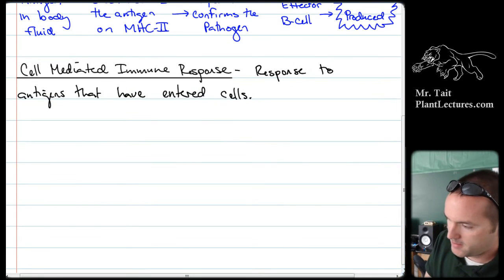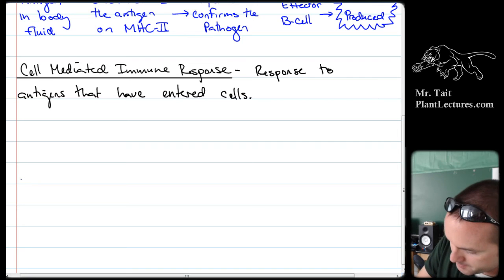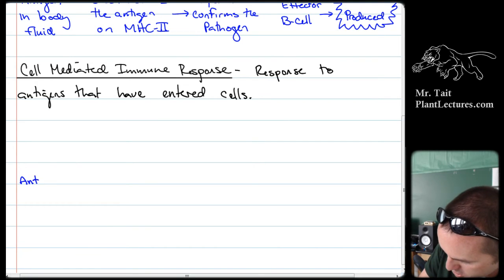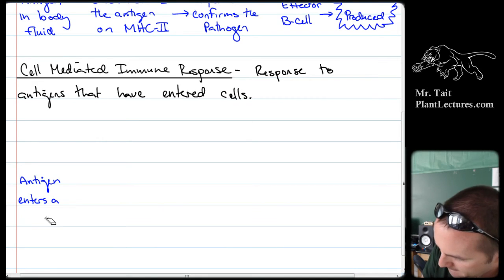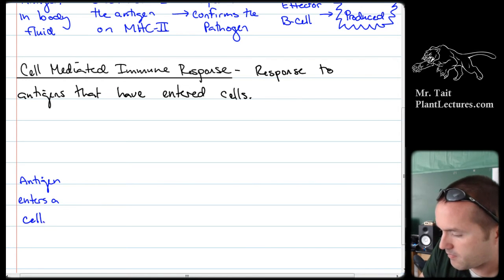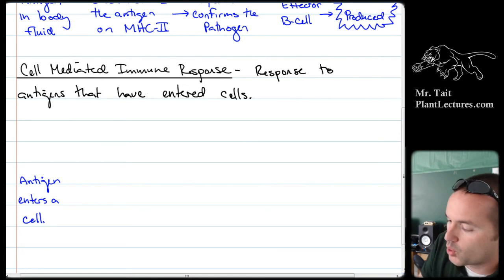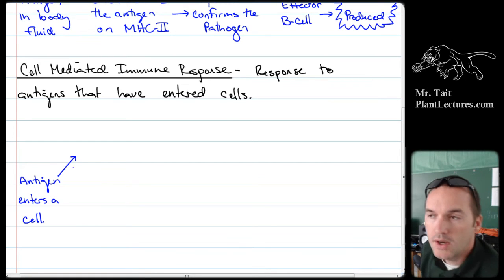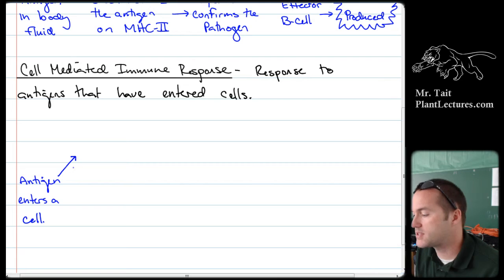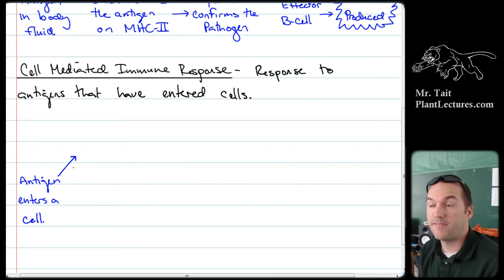So, step 1, antigen enters a cell. Let's say this is a virus, and we know what a virus does. A virus is going to hijack the machinery of the cell, and it's going to make that cell produce whatever viral proteins it needs to replicate, right?